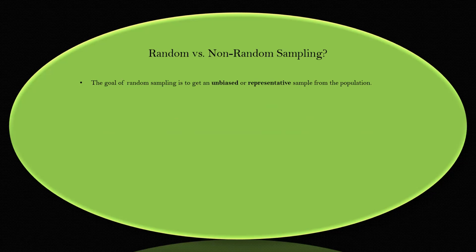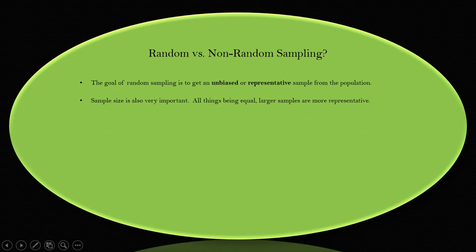In other words, you want a sample that looks like the population from which it was taken. That's the goal of a random or probability sample or sampling technique. Non-random or non-probability sampling techniques, that is not their primary goal. It would be nice, but in many cases, convenience and ease are of higher importance rather than representativeness.